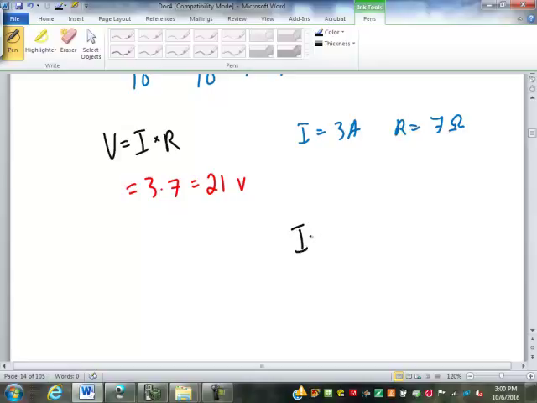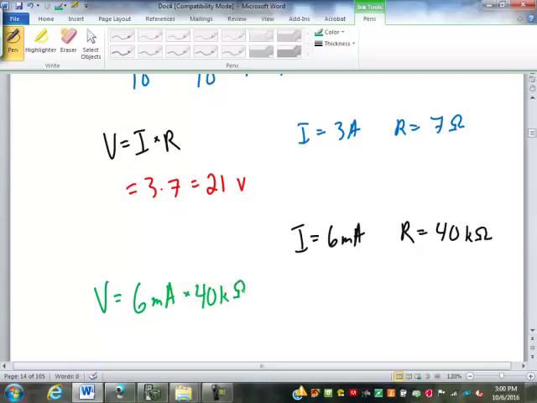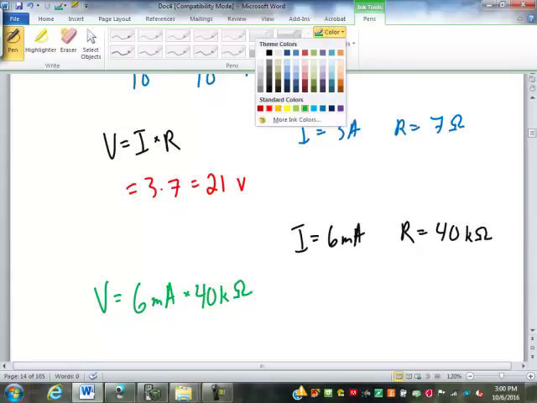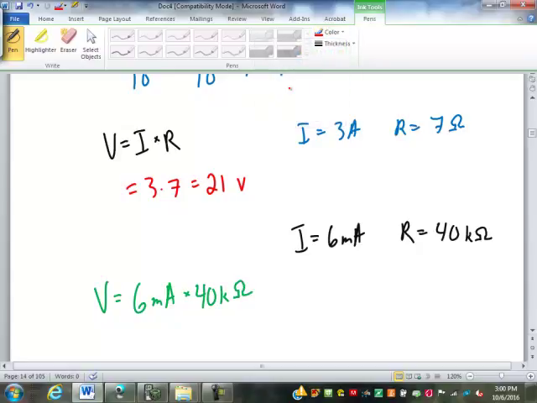Normally what we'll have is current is given as 6 milliamps, and resistance is given as 40 kilo ohms. So to find my voltage here, 6 milliamps times 40 kilo ohms, this becomes a problem in engineering notation.